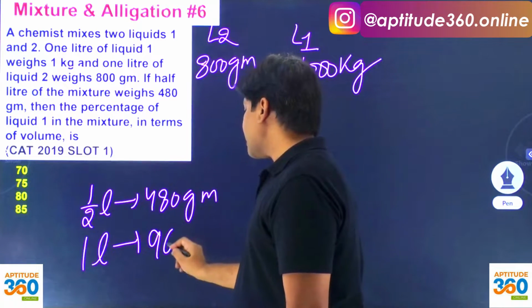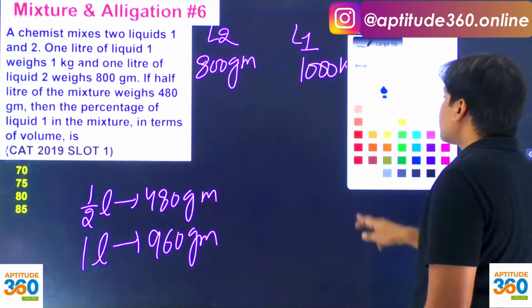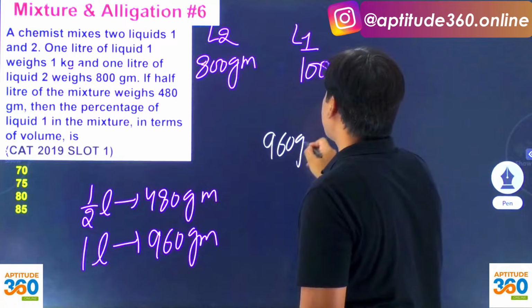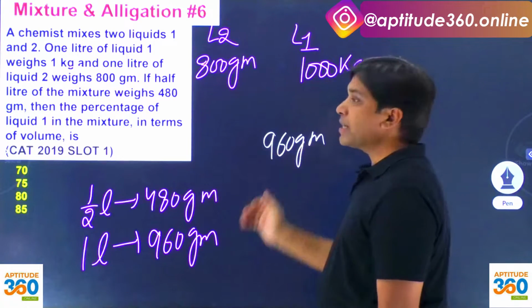That is coming out as 960 gram. So weight of 1 liter of the mixture is 960.